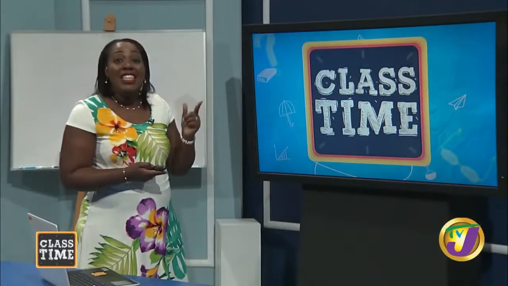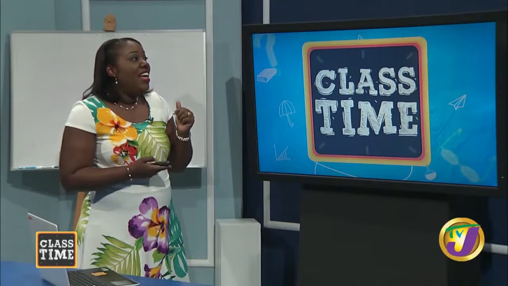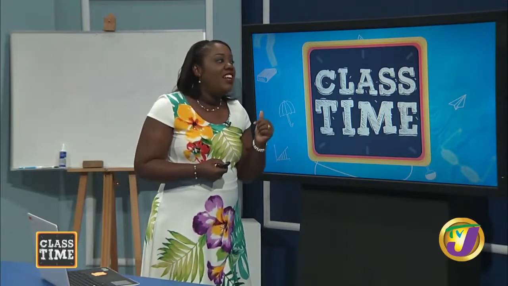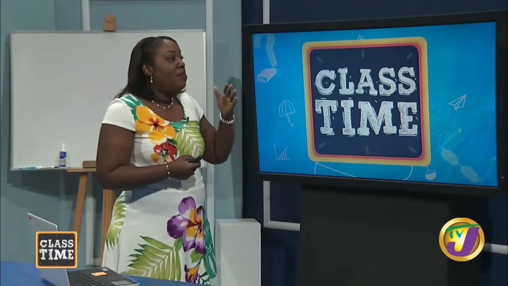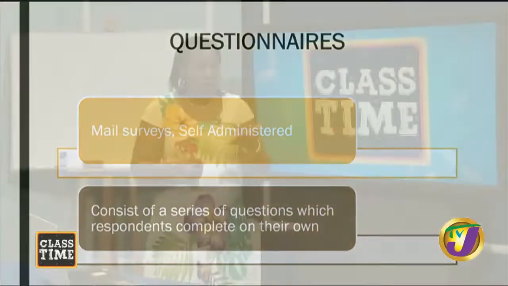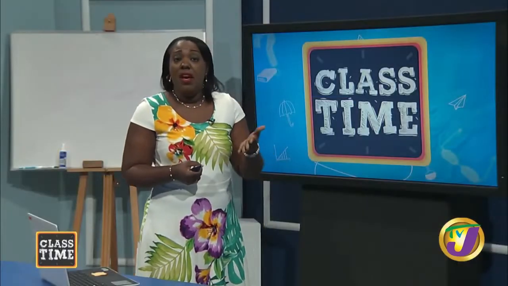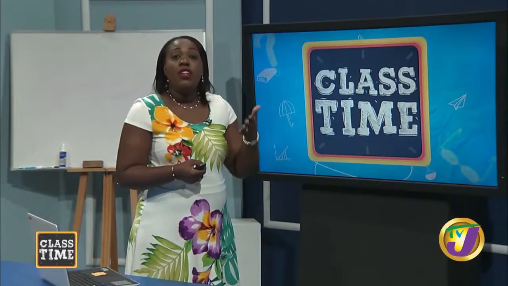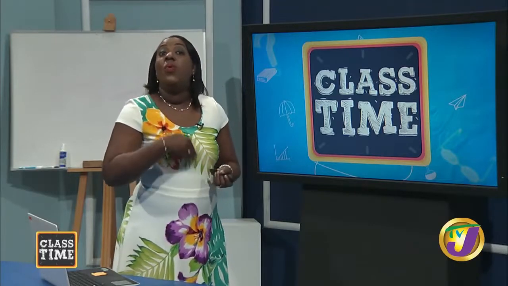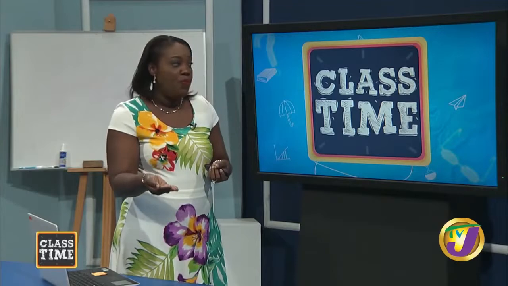So that's our interview. Let's look at our questionnaires. So questionnaires could be self-administered, and they could be mail surveys. Let me differentiate each. So the questionnaire could travel via the post office, or it could be emailed to you, or it could be self-administered where I hand it over to you.